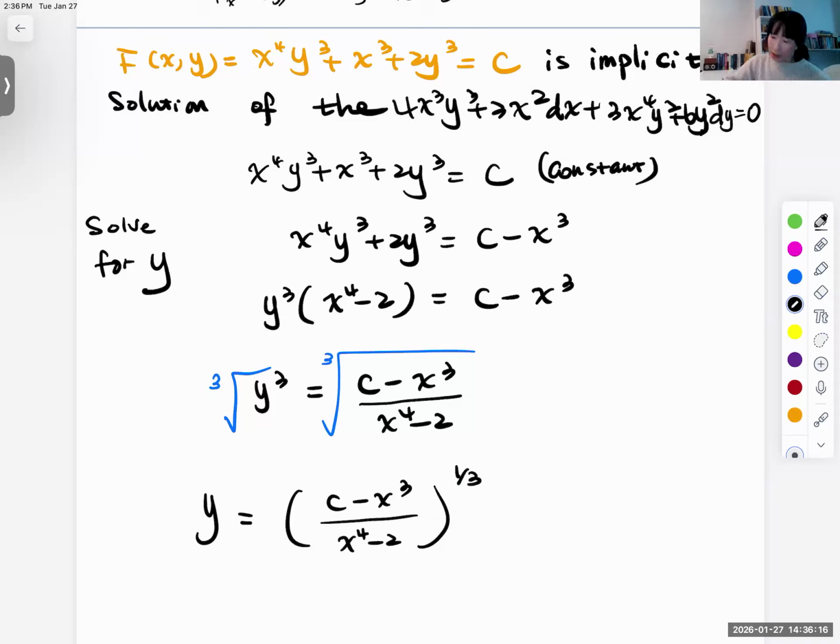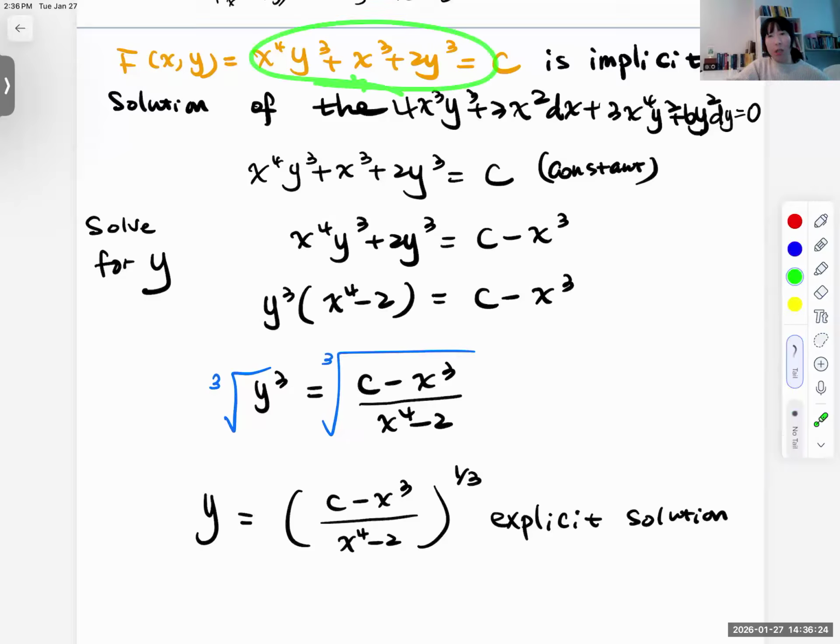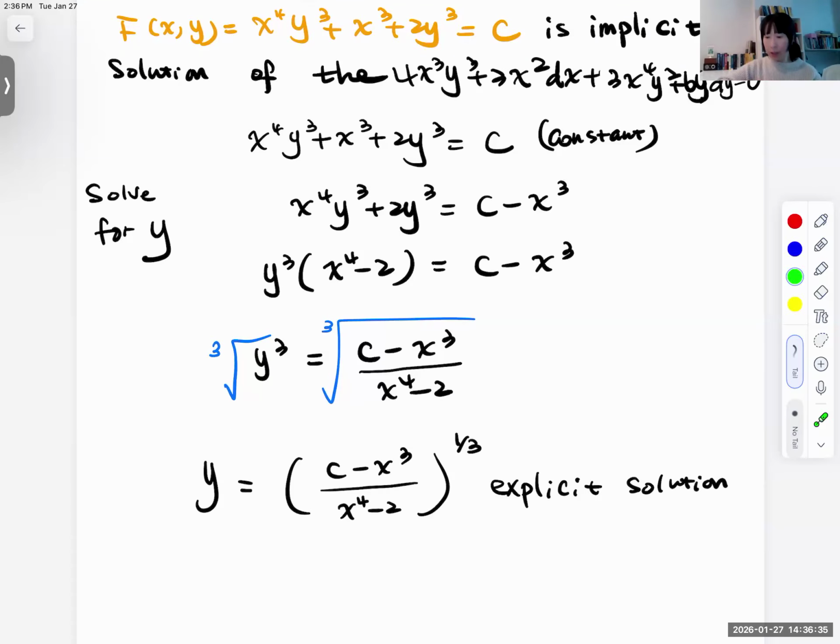We call this the explicit solution. This one, the orange color one, is the implicit solution, right? Okay. I don't have to write it out, right?